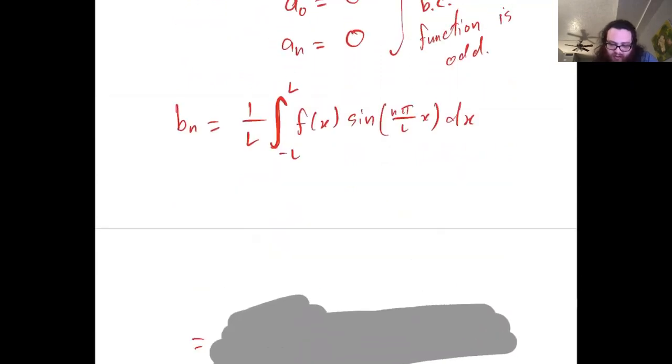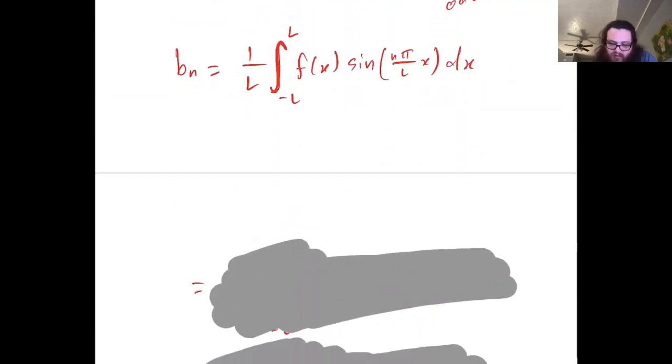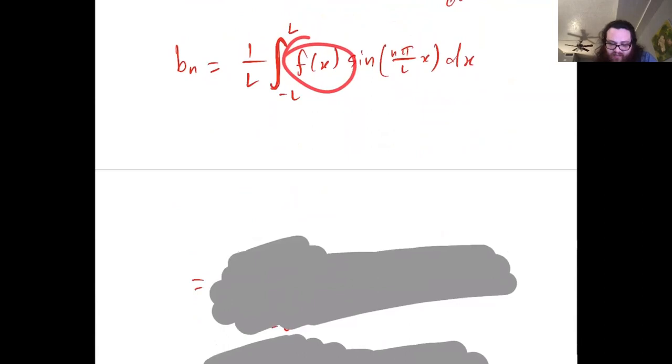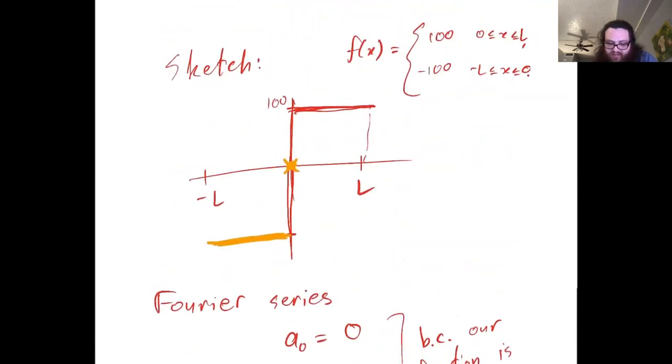So what does this give us? Well, our function f of x is piecewise defined. It's 100 to the right of 0, and negative 100 to the left of 0.